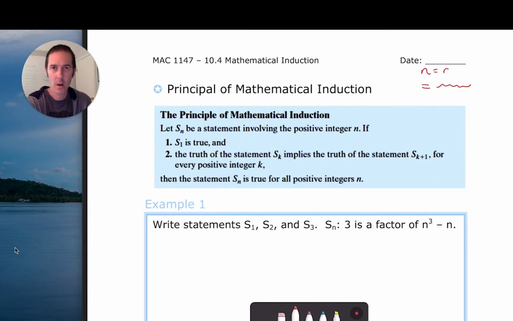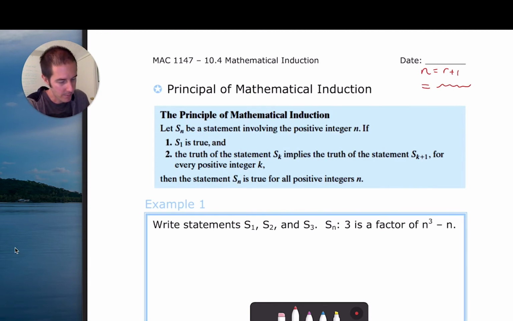When n is equal to r, you have r terms on the left-hand side. R is just some undisclosed number. What if I told you n was equal to r plus 1? How many terms are there on the left-hand side of the equation? R plus 1 terms.